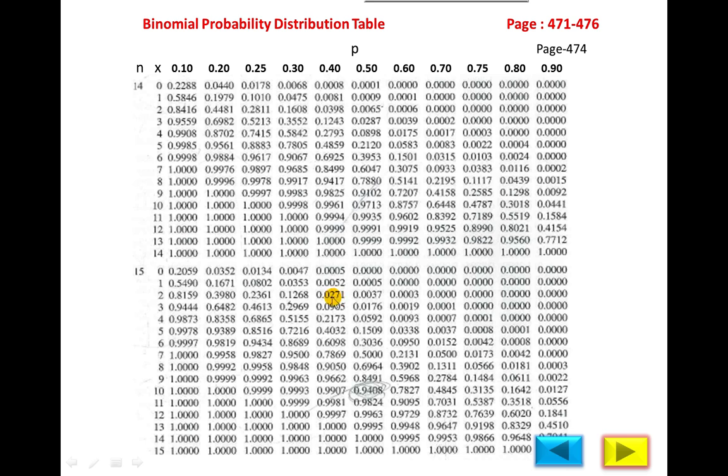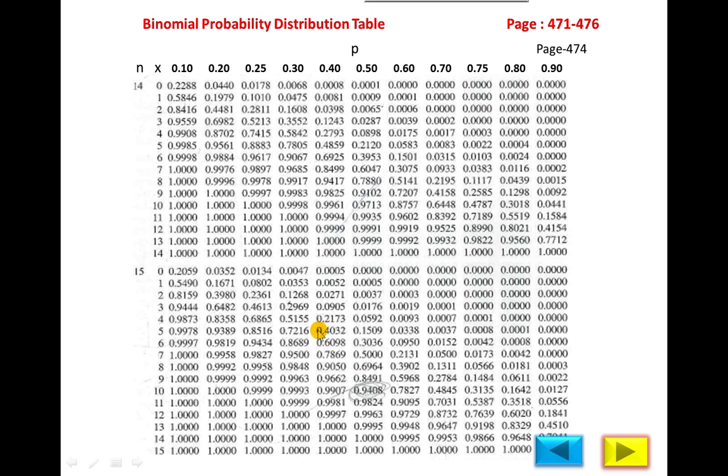Suppose you want to calculate the probability of exactly 5 patients surviving, so we will subtract the previous value from this value, because this is the probability from 0 to 5 and this is the probability from 0 to 4, this column. We will subtract this value 0.2173 from this for the probability of exactly 5.